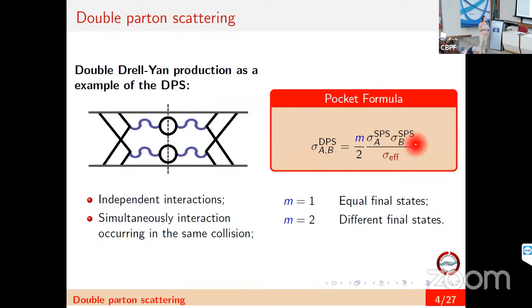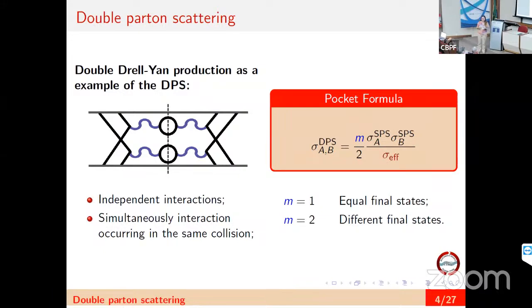Here we have the two SPS, single parton scattering, cross-sections for both final states, divided by what we call an effective cross-section, which restores the cross-section dimension for that formula.